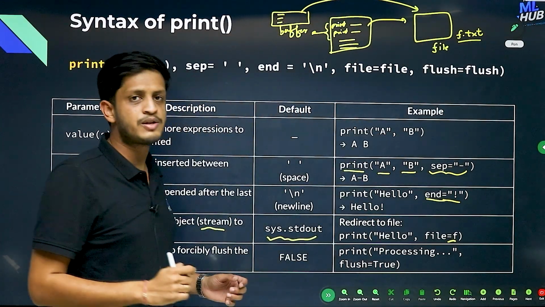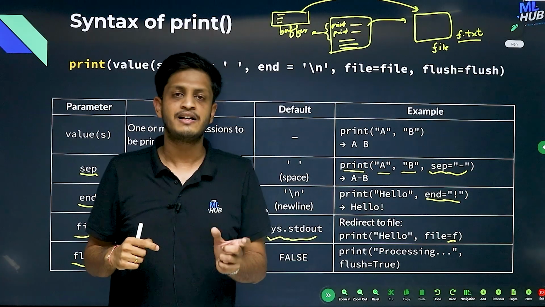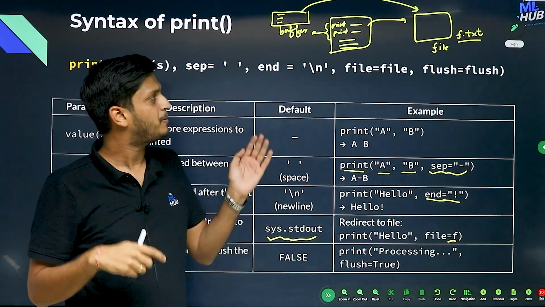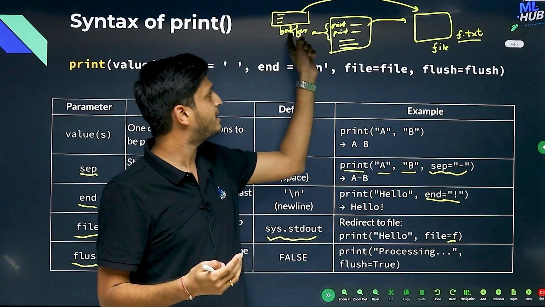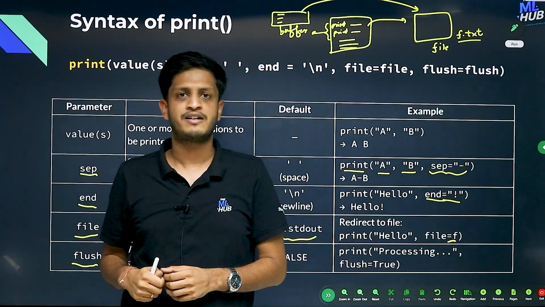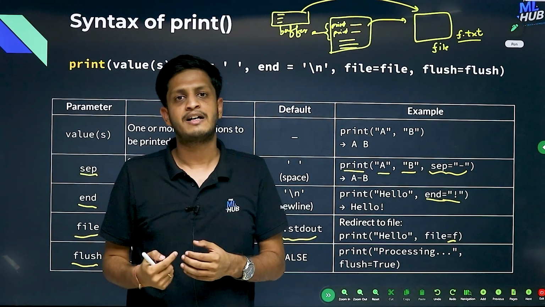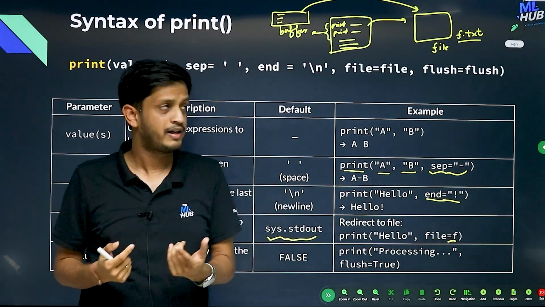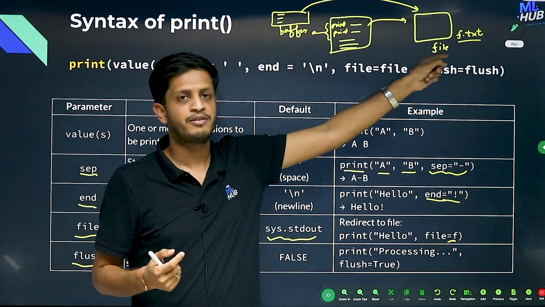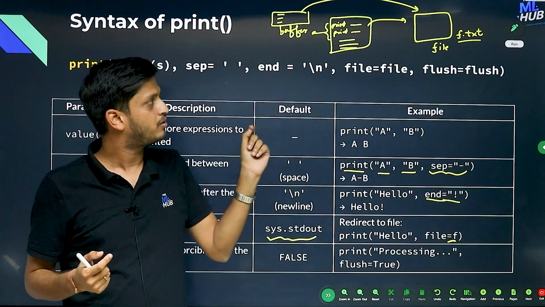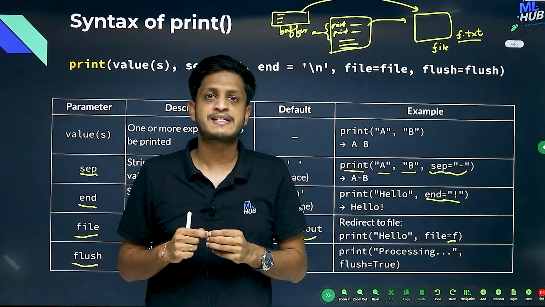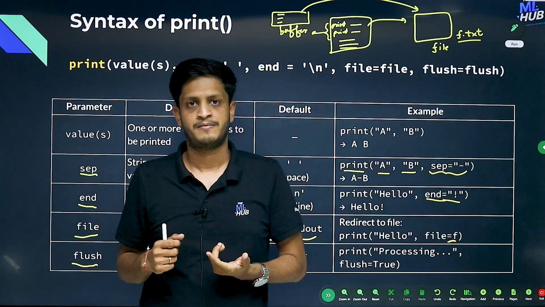It will not execute the print statement then and there. Instead, it will just store all the print statements in a buffer, and periodically, once in a while, it will clear the buffer and write the statements in a file, so that you don't have to do the costly operation again and again. Okay, so this is called flushing the buffer. That is why sometimes the print statements might be delayed.